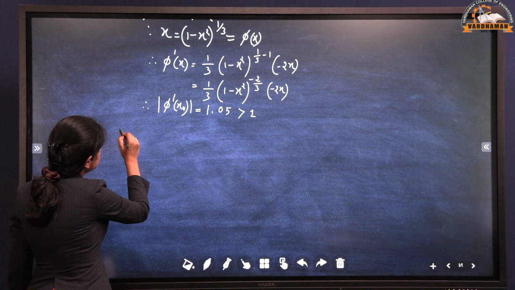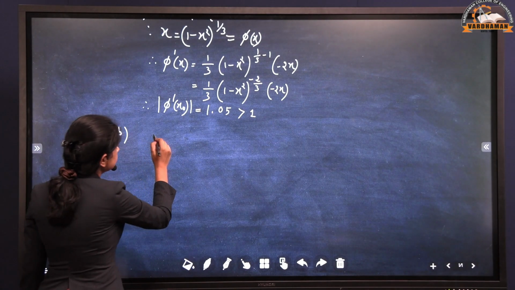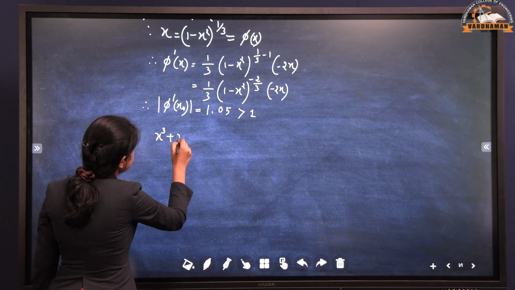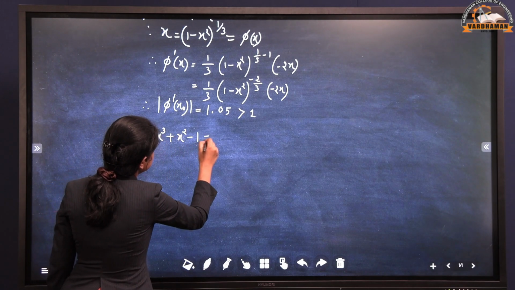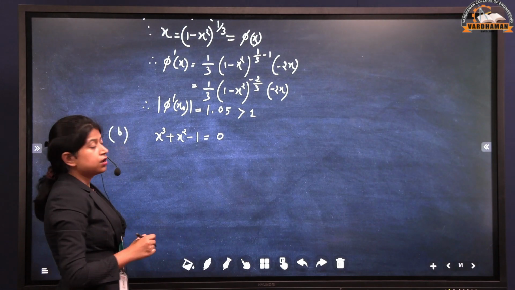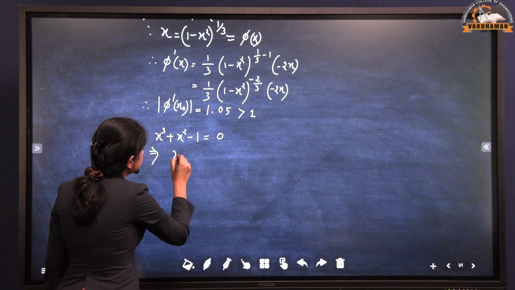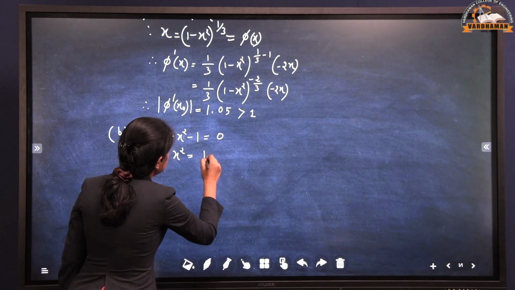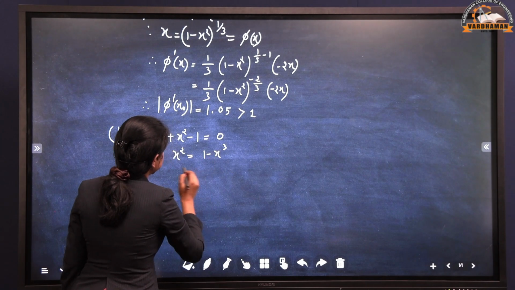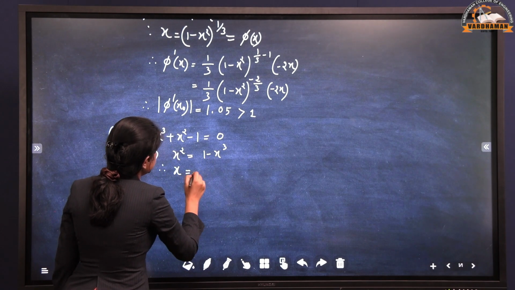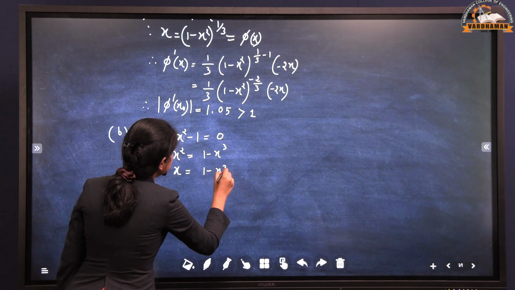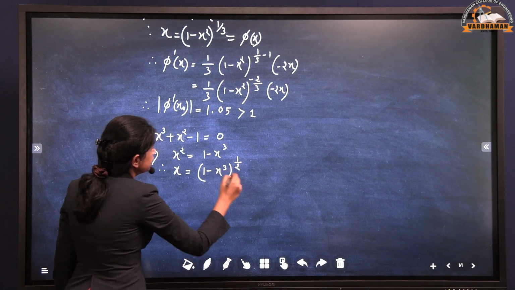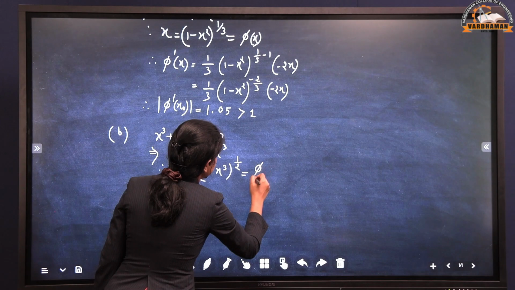So next one, how can we find it? What was the equation? x cube plus x square minus 1 equal to 0. Now keep x square this side and 1 minus x cube that side. So what you will get? x equal to (1 minus x cube) power 1 by 2, which is x equal to phi of x, right?